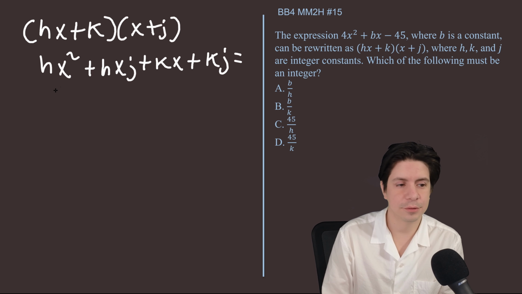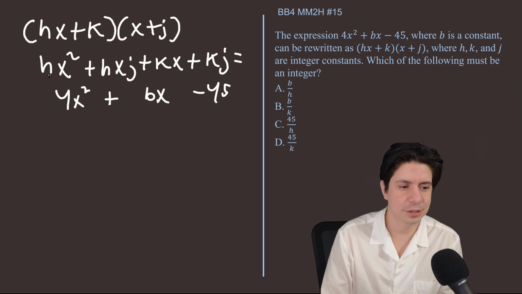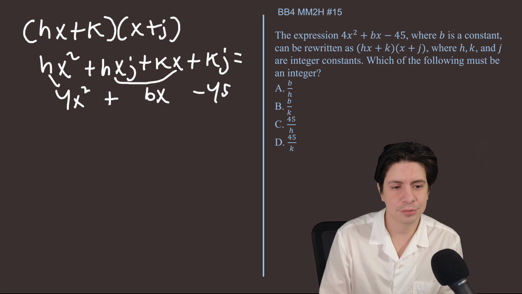And that equals 4x squared plus bx minus 45. So we could say h is 4. These two combined make the bx, and kj equals negative 45.